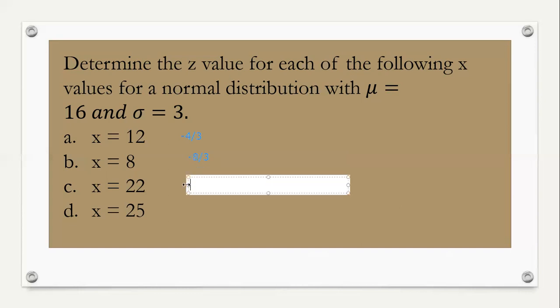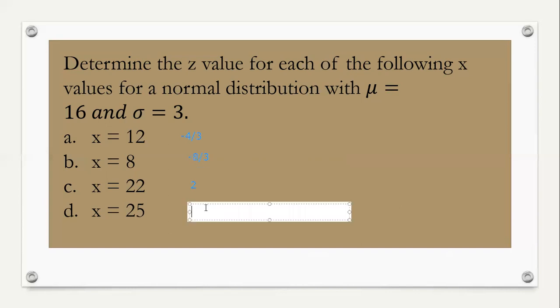You'll have 22 minus 16 divided by 3, which is equal to 2. So the z-score when x is equal to 22 is 2. And lastly, if x is equal to 25, then it will be 25 minus 16 divided by 3, which is equal to 3. Remember the definition? This is actually the distance, the score from the mean.